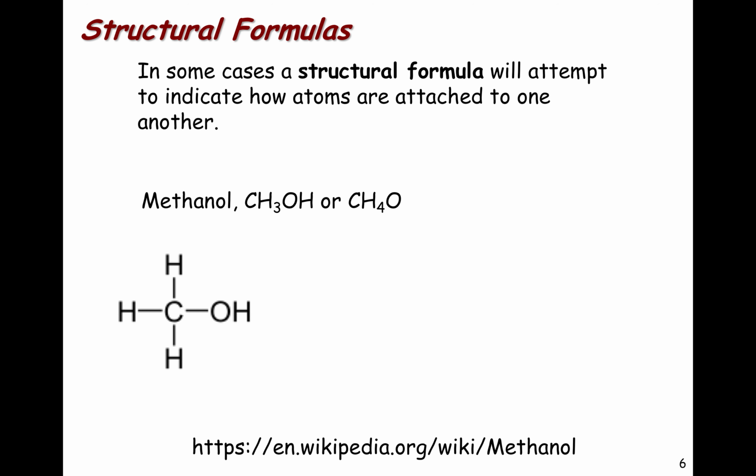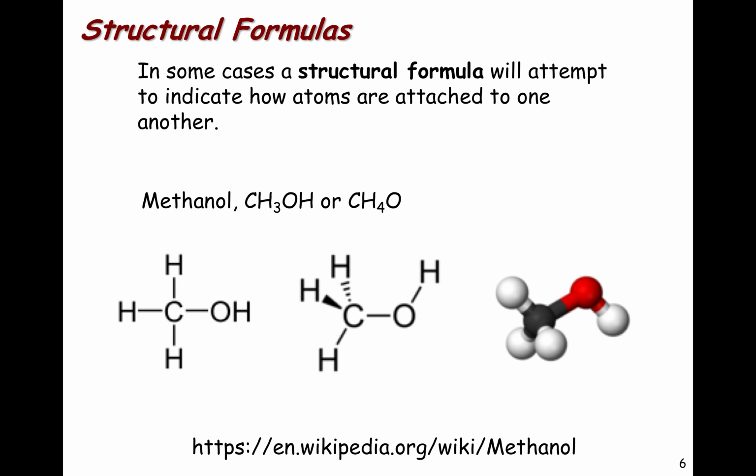So we could write a structural formula like this, where there's a carbon and 4 bonds attached to it, 3 of them to hydrogen, 1 to oxygen, and then a hydrogen also attached to the oxygen. We could have more of a perspective structural formula. It gives more of a three-dimensional sense of how these things are attached. And then finally a ball and stick model with some color to indicate the different atoms.